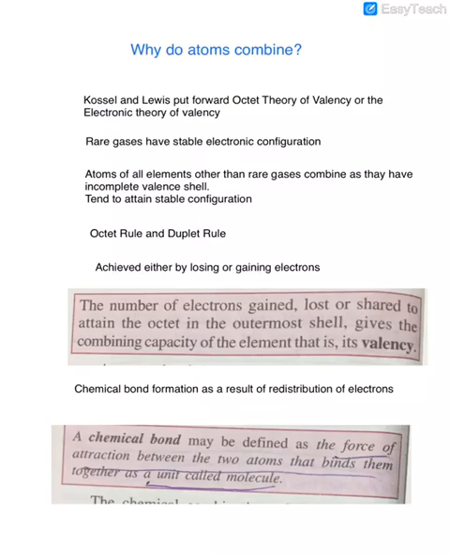Why do atoms combine? There is a theory put forward by Kossel and Lewis in 1916. Independently, they put forward the octet theory of valency or the electronic theory of valency. According to them, the rare gases or inert gases have stable electronic configuration. Atoms of all elements other than the inert gases combine because they have incomplete valence shells.